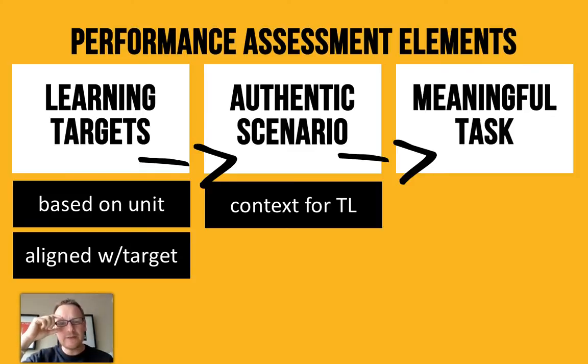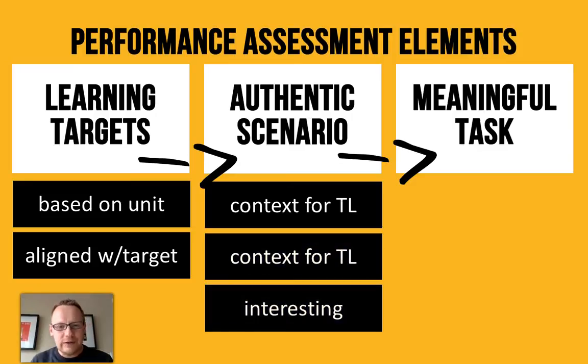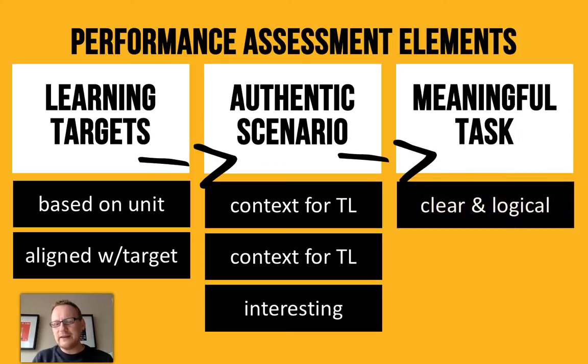So finding a context that would actually require you to use the target language is key to make these scenarios as real-life-like as possible. This should also be interesting and clear and logical, written for the student. The task, again, should be clear and logical, which sometimes is easier said than done.